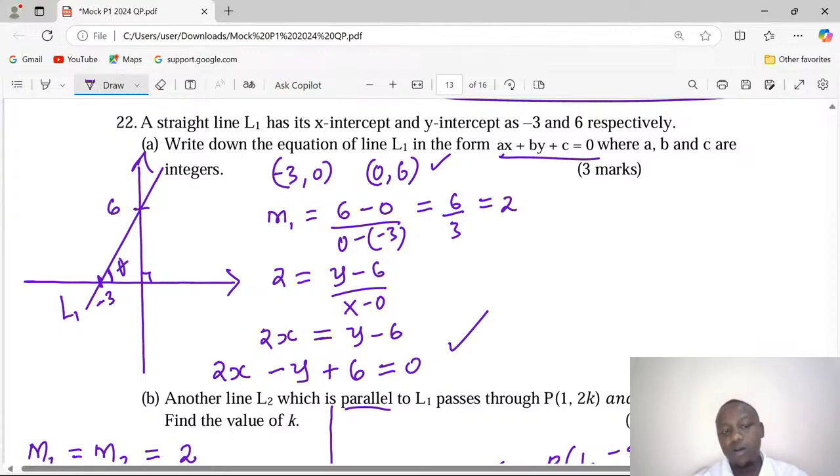For this angle, if we calculate the tangent of the angle, tan of the angle, you discover that we need the length from here. Assuming this was x and this was y, then the length from x to 0, which is the opposite, divided by the length from y to 0.